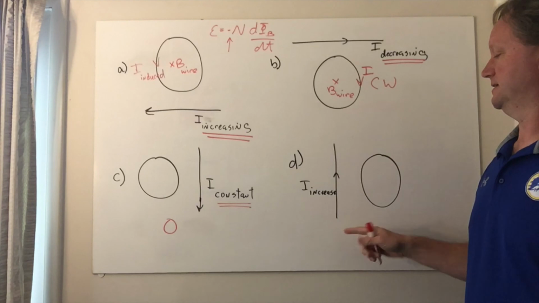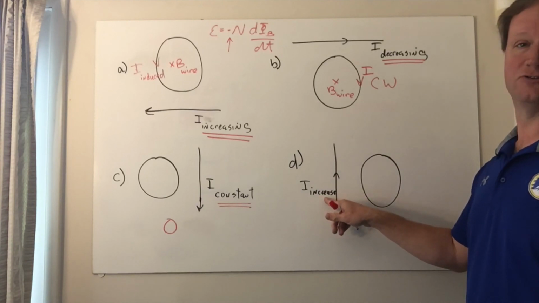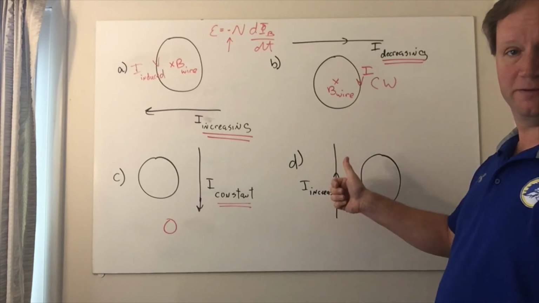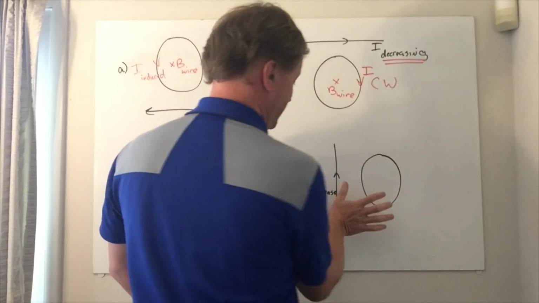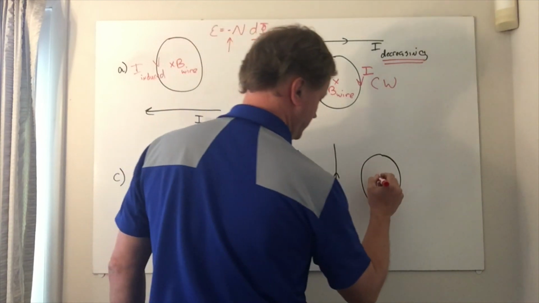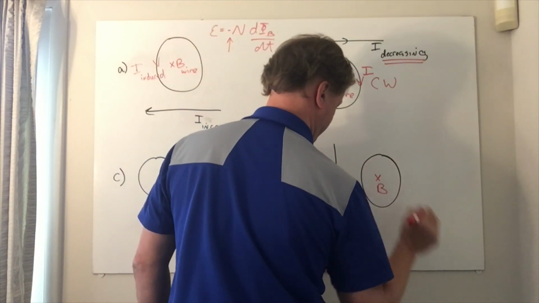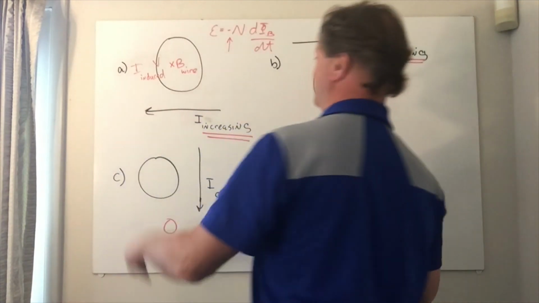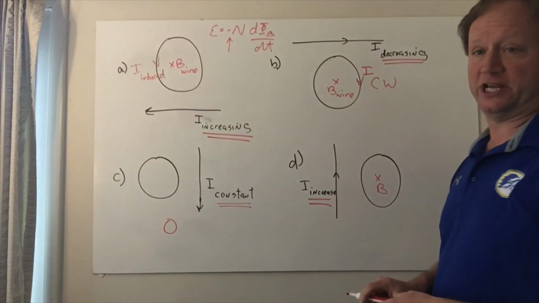Part D, my electric current is increasing in an upward direction, and so my thumb points up. My magnetic field over here will go into the board. This is increasing. We fight the change.